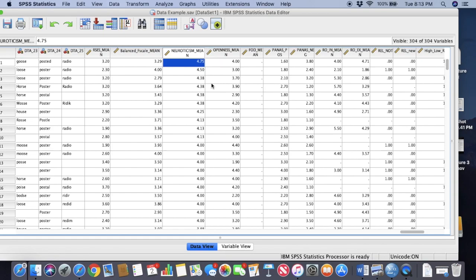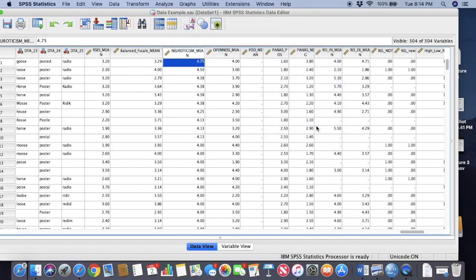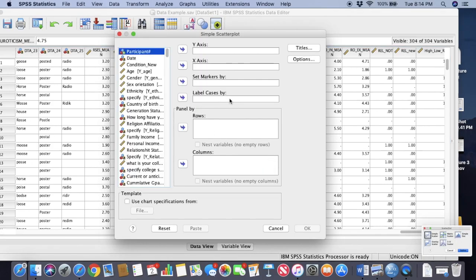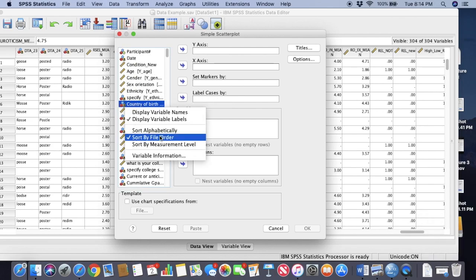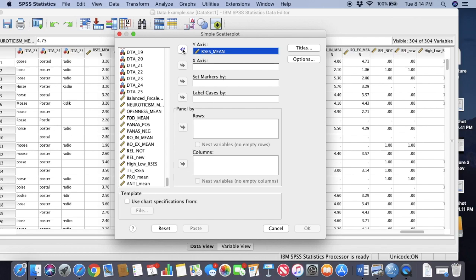In order to create a scatter plot, we need to go to Graphs, Legacy Dialogues, Scatterplot, and I'll take a little snapshot here. It's just going to be a simple scatter, and we're going to define it. For our first one, let's find RSES mean and put that on our y-axis, and then we're going to find our openness mean and put that on our x-axis.